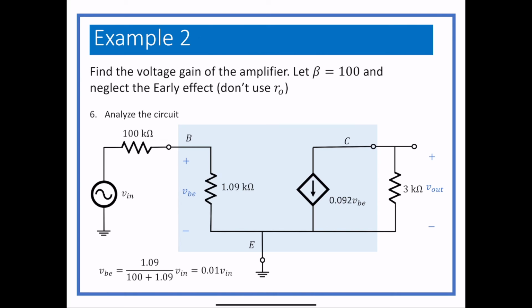I think I came out with the right number, but I left the number off. Because I have GM, and then I have VBE, but I don't have RC, which I need there somewhere. But if you do 0.092 times 0.01, I think you still have to multiply it by 3K to get minus 3.04. If someone can check that for me, I think that's correct.